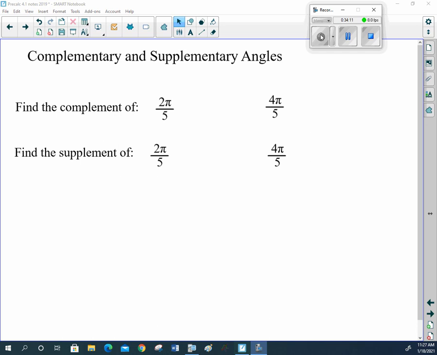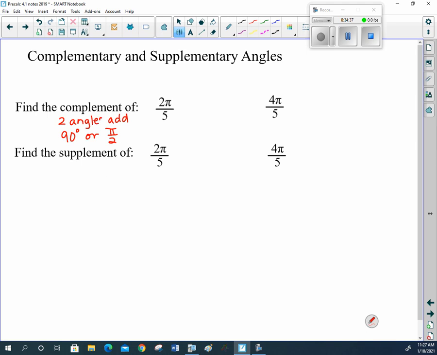Okay, so here we want to find the complementary and supplementary angles of the given angles. So remember, complements are two angles that add to 90 degrees, or in terms of radians, 90 degrees is pi over 2.